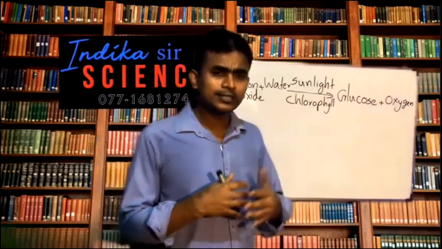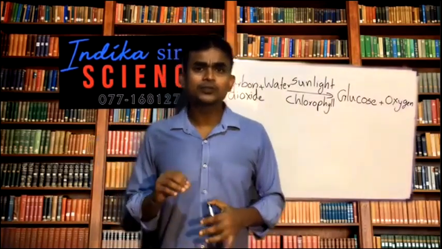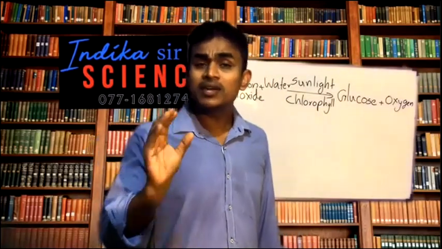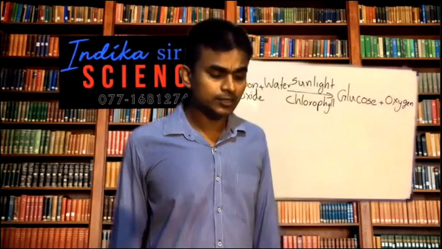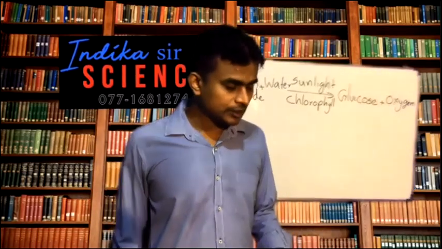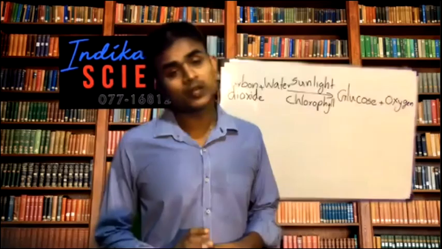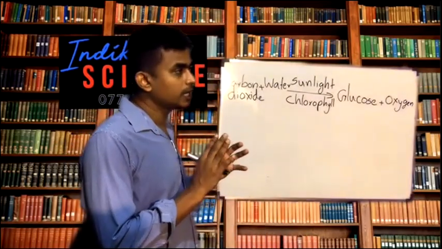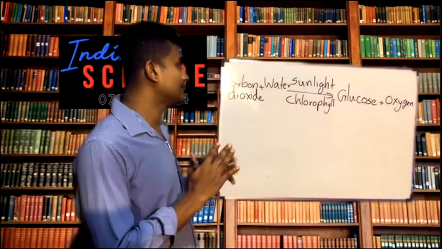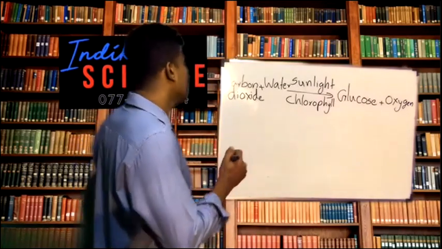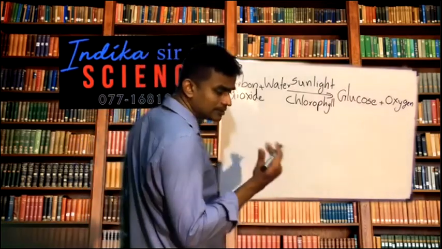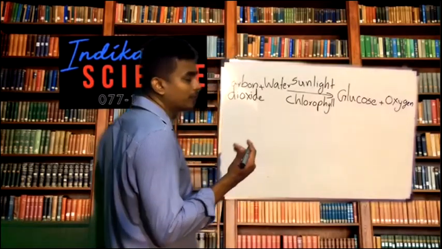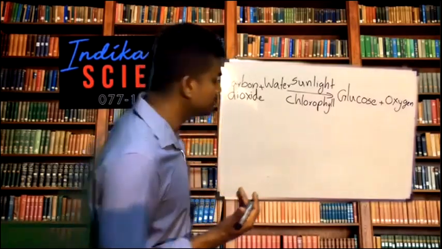And sometimes they ask you to write down the chemical equation for the photosynthesis process. This is the word equation. If they ask for chemical equations, you have to write in this way. Only think about the material factors, the reactants. Carbon dioxide, give me some support to write down the chemical equation.